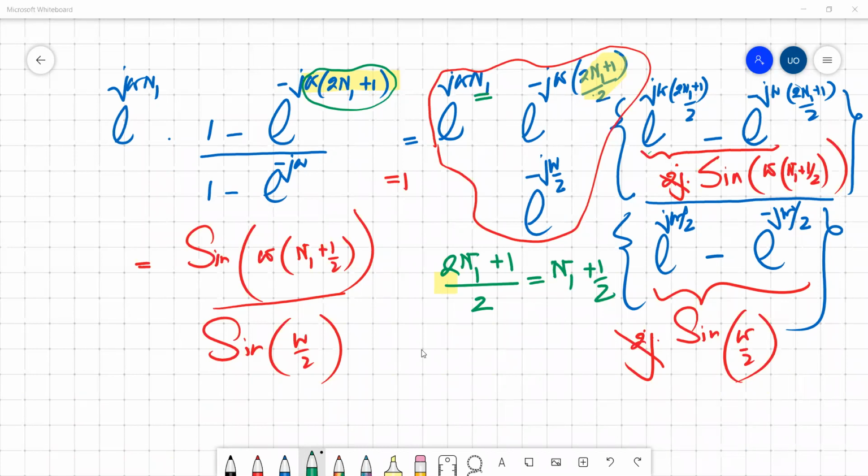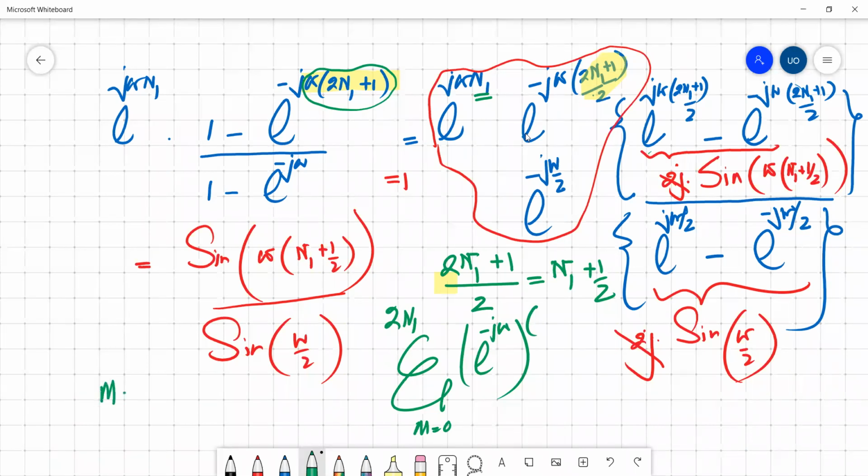If you remember, we had this summation, m goes from 0 to 2n1, with e to the power minus j omega. And here, instead of n, initially we had n, now we make it m.